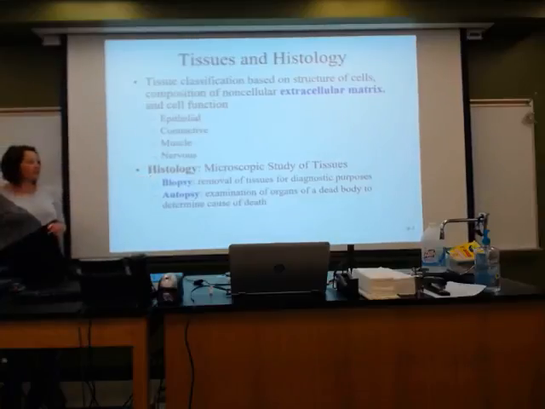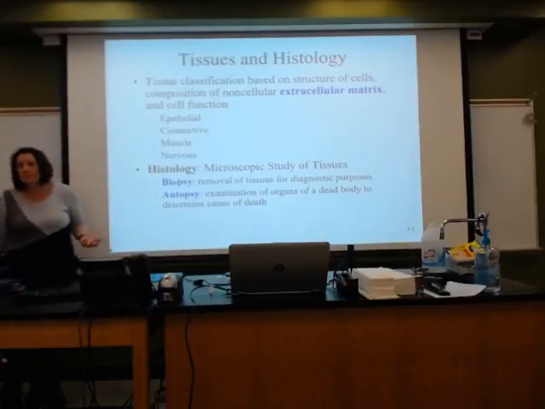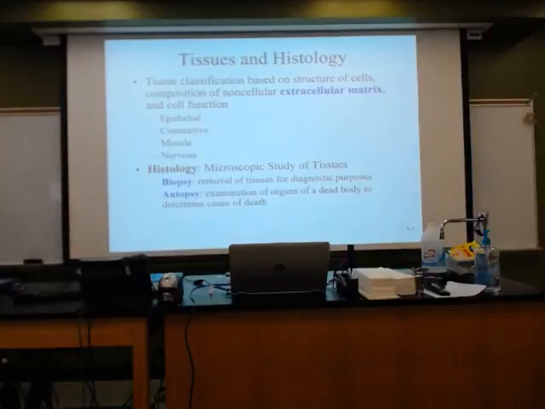The study of the tissues is termed histology. There are people that go to school to do nothing but this. They do nothing but look at tissues, cells, all day long. They're called histologists. Very interesting field, for sure.